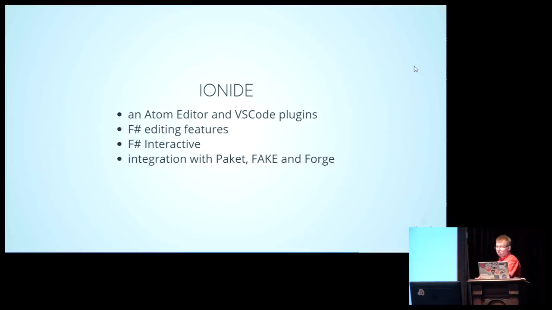Ionide is a set of Atom editor and Visual Studio Code plugins for F# development. They are adding F# editing features like autocomplete, tooltips, finding references, stuff like that. All those nice features we know from Visual Studio or from Xamarin Studio to both those editors, Atom and VS Code.